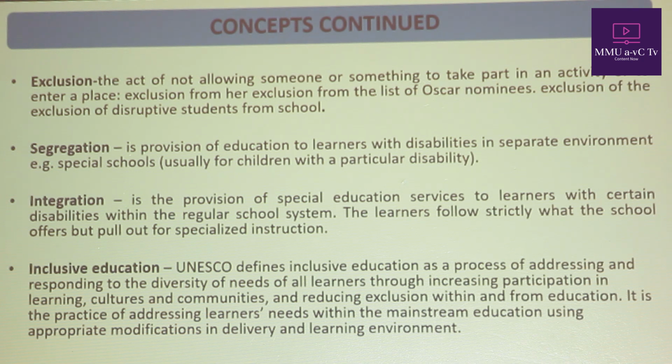By providing ramps, so that if a child is able to walk, they are able to access. When it comes to a child with visual impairment, inclusive education looks at addressing their needs. Children with visual impairment need braille. So once you are in inclusive education, there must be braille for this child to be able to learn.